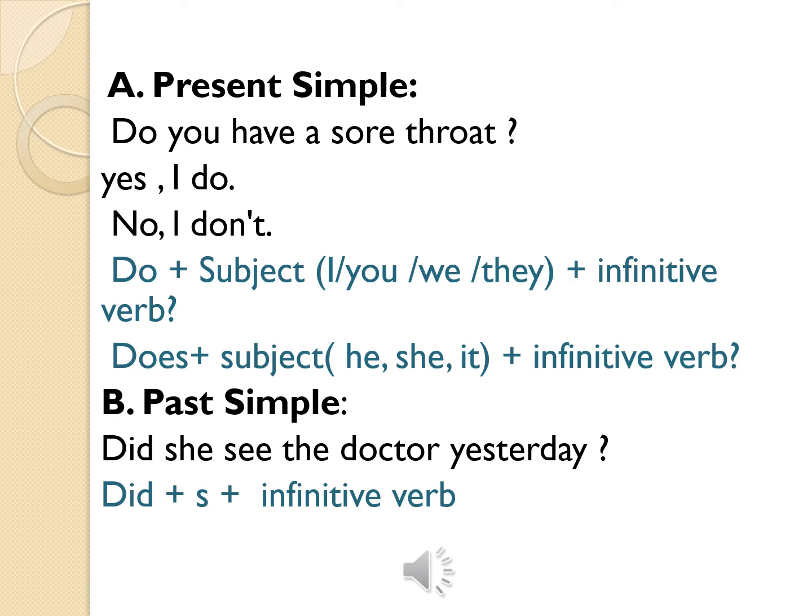For example, do you have a sore throat? Yes, I do. No, I do not. With past simple, we use the auxiliary verb did plus the subject plus the infinitive verb. Did she see the doctor yesterday?